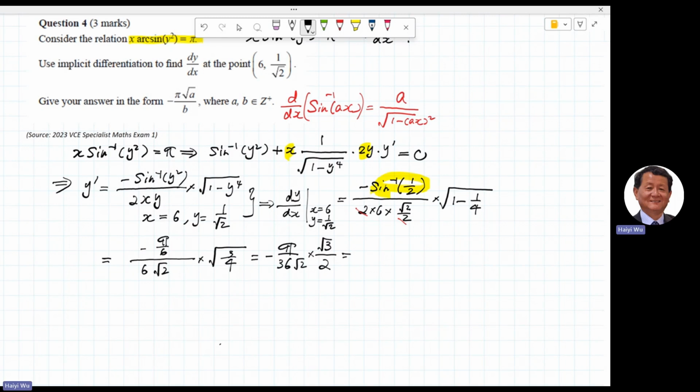We combine into a more simplified version: 72 square root 2 over pi times square root 3.